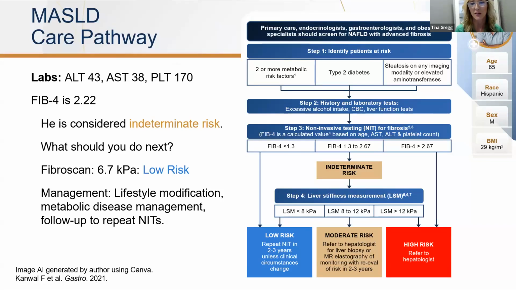And then we can follow up and repeat his non-invasive test in 2 to 3 years. So Mr. Albert is healthy, but just a little bit more explanation here: if that liver stiffness score is 8 or higher, they really need to be further evaluated and referred out to hepatology or gastroenterology, who can focus on taking care of patients with liver disease.